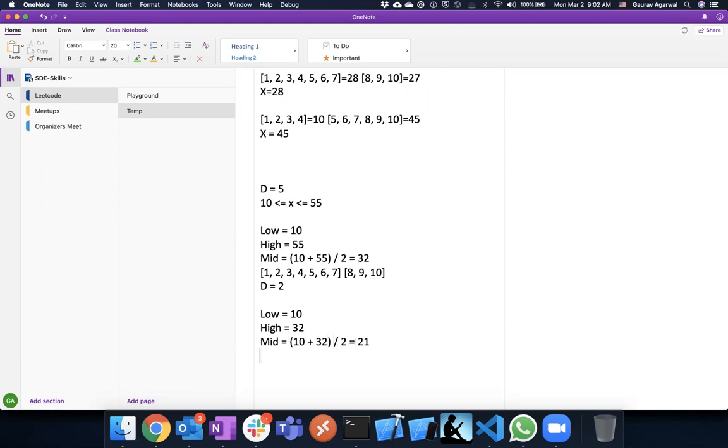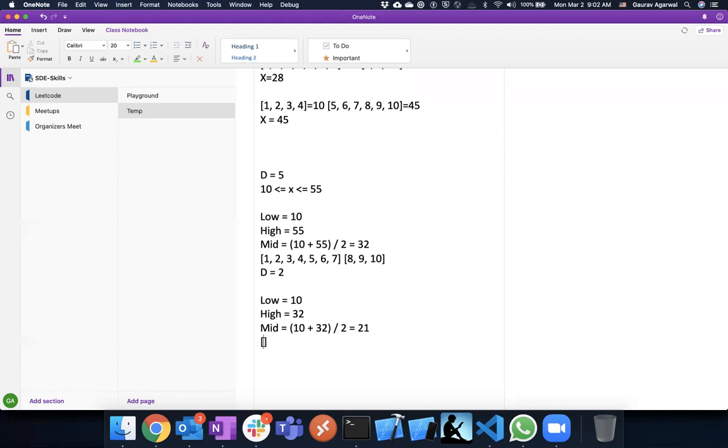Then let's try to fit in the weights again. 1, 2, 3, 4, 5, 6, 21, 7, 8, 15. Then 9 and 10 can go in the third shipment. And calculating how many days we need given the capacity is straightforward.